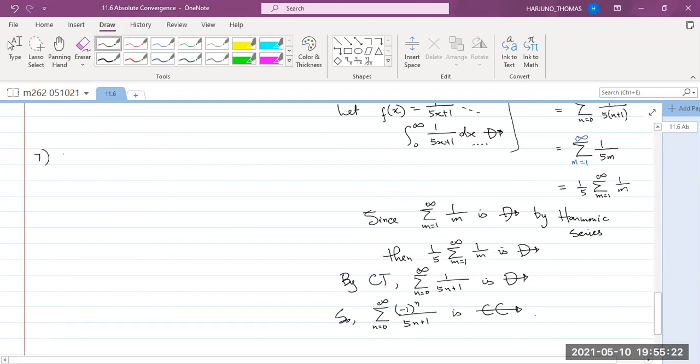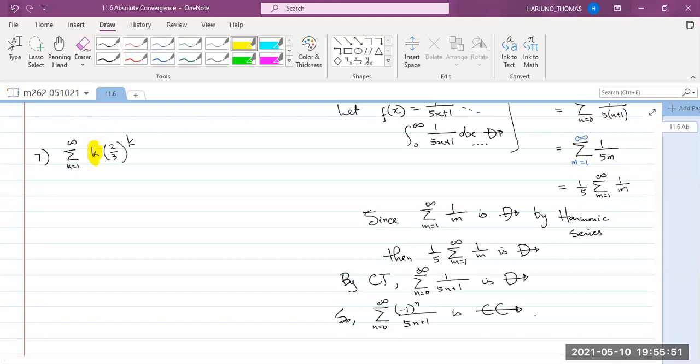Number 7. It seems like this is a geometric series, but it is not really a geometric series because we have k here. If it is geometric, then this will be a coefficient, a constant, but not a variable.